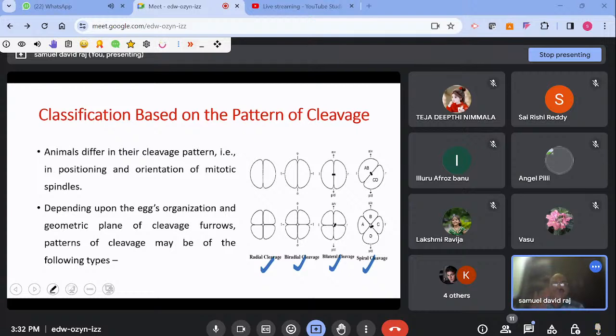Our body is bilaterally symmetrical, and a bilaterally symmetrical body has to be produced only when the cleavage is bilaterally symmetrical. Coelenterates and poriferans exhibit radial symmetry in body organization, and the cleavage will also be a radial pattern. So animals differ in their cleavage pattern, that is, the positioning and orientation of the mitotic spindle differs in different organisms, based on which there are different types.